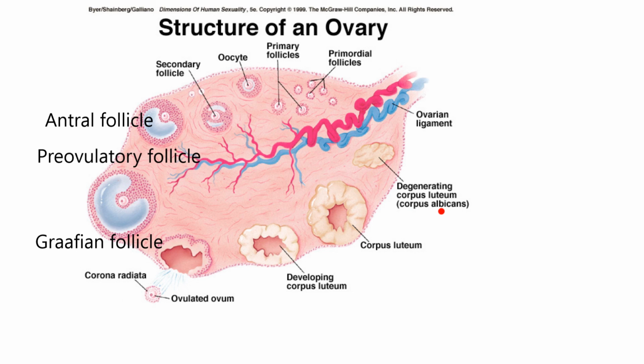That means a white body, basically. Corpus albicans is a corpus luteum that has died and is no longer making progesterone, and it will become smaller and smaller. You can see them with the naked eye when they first die, but months later, you'd need a microscope to find them.